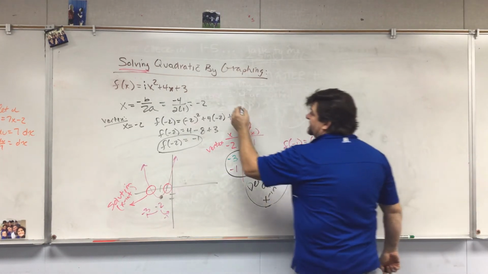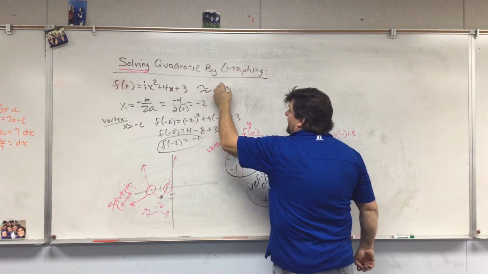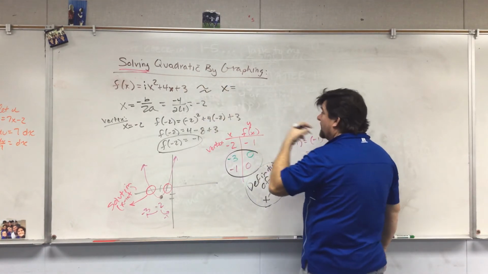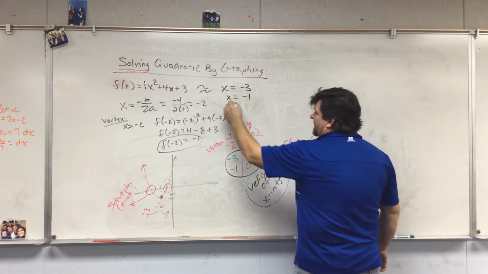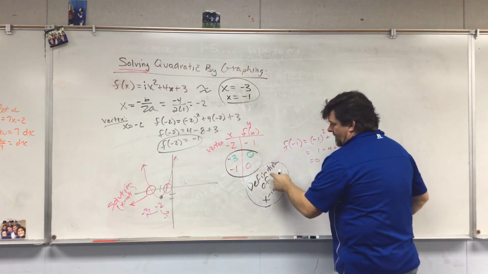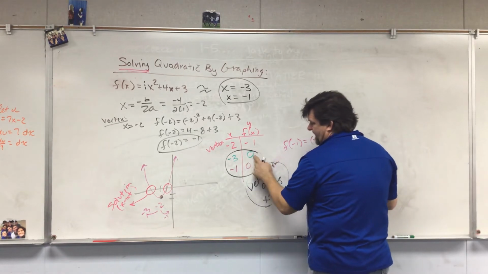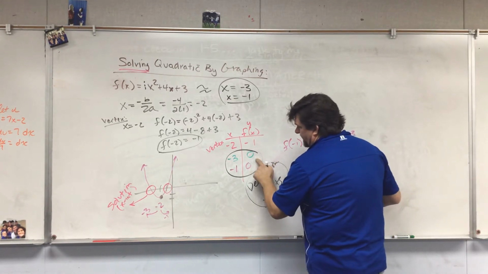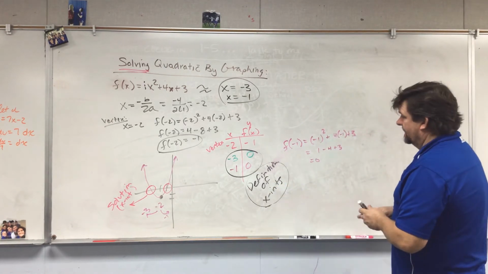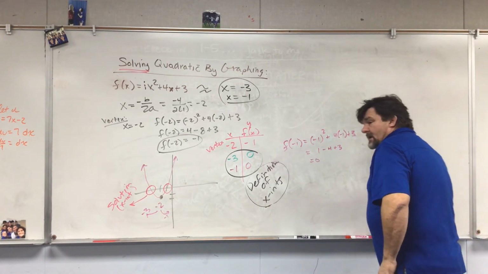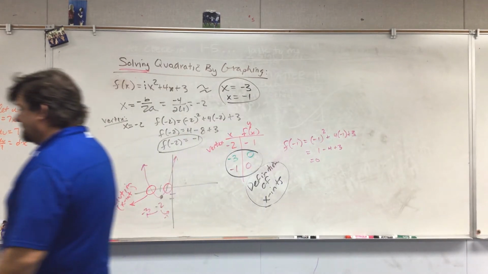So the answer to this is x equals negative 3 and x equals negative 1. Those are my answers. Why? Because when I plug their values in, I get 0 for a y value, and that is literally the definition of an x-intercept. All right, so that's how you find it by graphing.